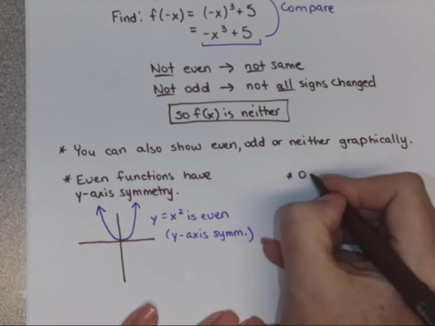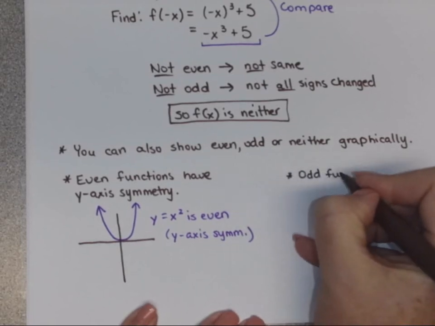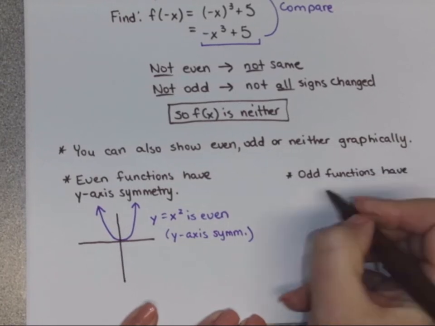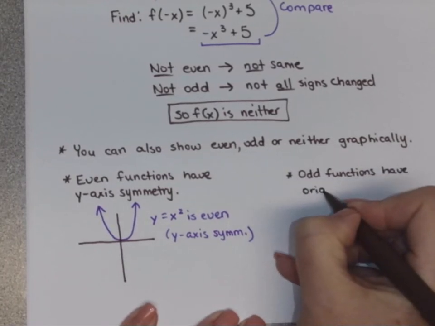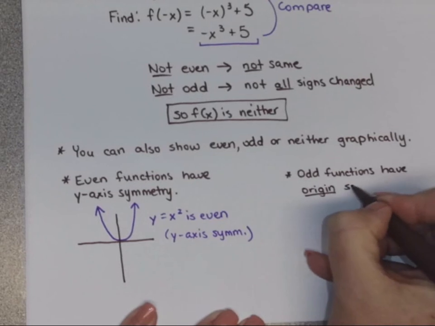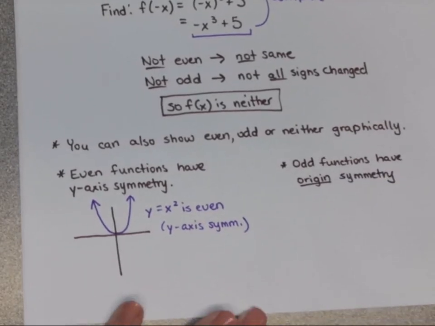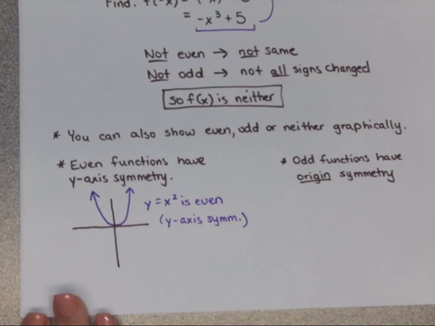Okay, on the other hand, odd functions are a little harder to describe visually. So odd functions have what we call origin symmetry. Okay, so it is not quite as easy to eyeball and tell. And that's another reason why I don't really focus super hard on the graphic representations.